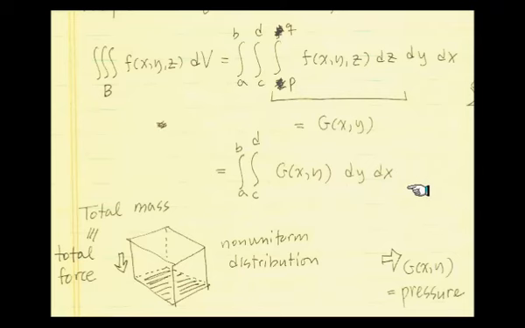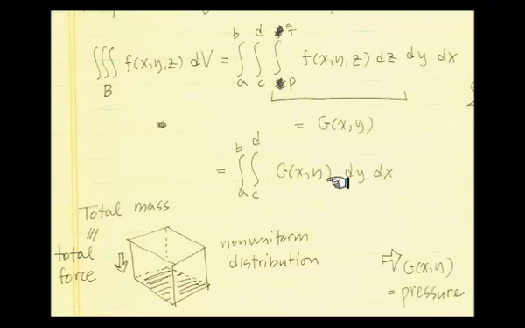But here I'm being a little bit more careful. If this is a pressure function, then definitely this whole integral is a total force. But this whole integral value being total force doesn't mean that g of xy is really the pressure function. This is just a number, and you can come up with some crazy function here whose double integral value happens to be exactly the total force.